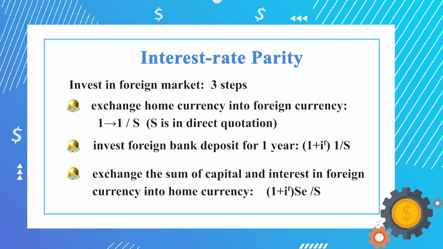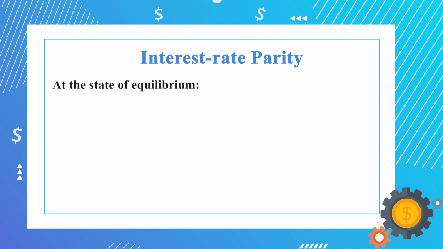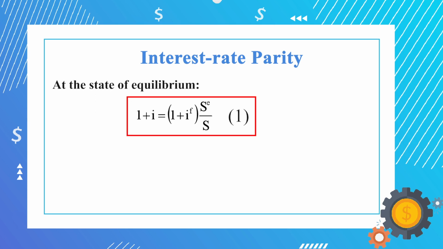The result of that step multiplies the expected exchange rate, that is (1 plus I_F) multiplied by S^e over S. S^e here is the expected exchange rate 1 year later. At the state of equilibrium, the reward from investing in the domestic money market should equal that from investing in the foreign money market. So we get Formula 1.